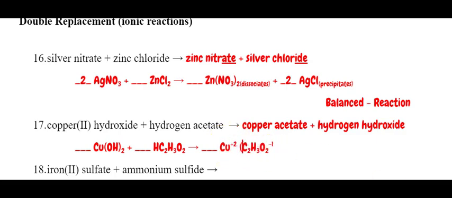Okay, so I'm going to put a parenthesis around the whole polyatomic, and I need 2 of them. So now +2, -2. All right, now copper acetate is neutral. All right, plus hydrogen with a +1 charge and hydroxide with a -1 charge, and it is neutral.